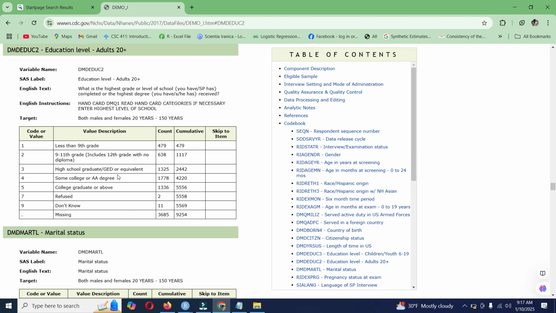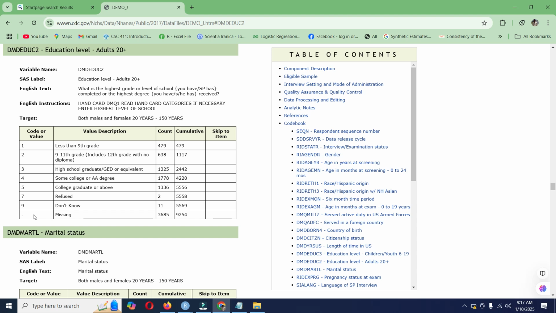There are five categories of education, and then a category for those who refused to answer, for those whose answers are not known, and then missing values. So these are all different categories. As we replaced missing values by 99, we have 7, 9, and 99. We can replace all these in one category, or we can keep separate categories as well.